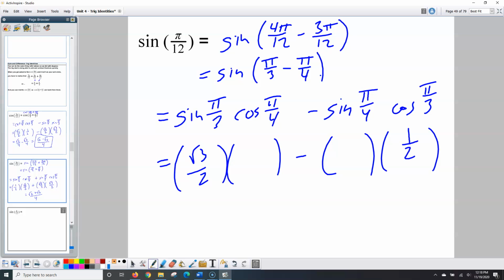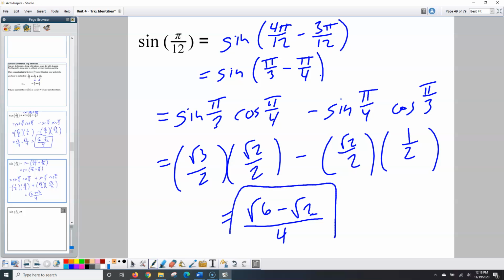That makes that 1/2. This is square root of 2 over 2, square root of 2 over 2. So that's square root of 6 minus square root of 2 over 4. Another common question that I get is, do the square root of 6 and square root of 2, like, is it okay if I wrote negative square root of 2 plus square root of 6 over 4? Yes, that's perfectly fine. Perfectly fine.